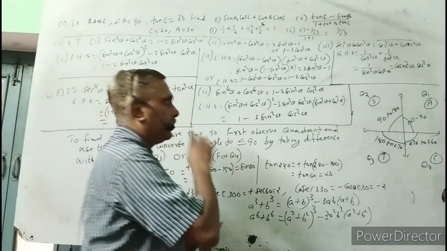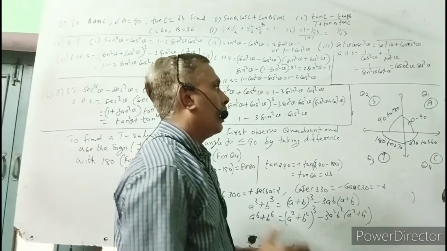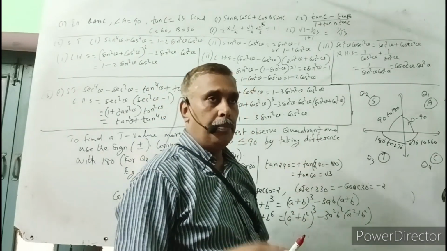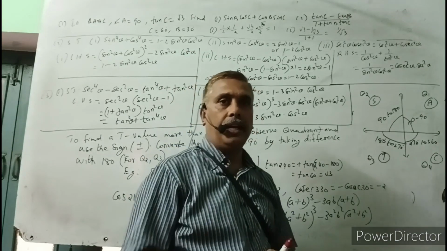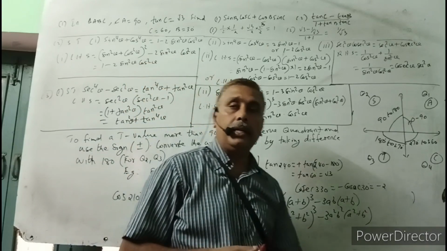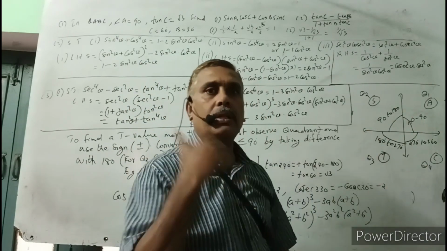Then additionally, some important things are written. This is for your coming classes, because in 10th standard itself you have to learn a little bit higher than this, so that in 11th standard, if you are taking mathematics or science, meaning physics, you must know how to use trigonometric values more than 90 degrees.